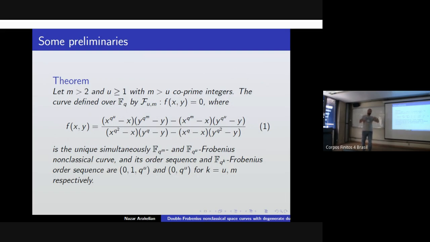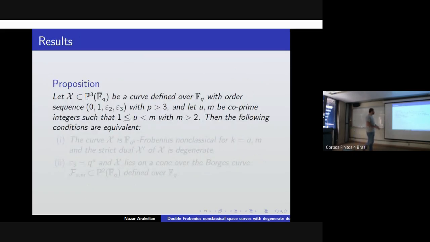If you have a space curve that is double Frobenius non-classical with degenerate dual, such that the dual is actually a plane curve, in this case we don't have a classification, but you can track your curve in this object. So assume that you have a space curve with this sequence, and take two coprime numbers u and m, with m bigger than 2.